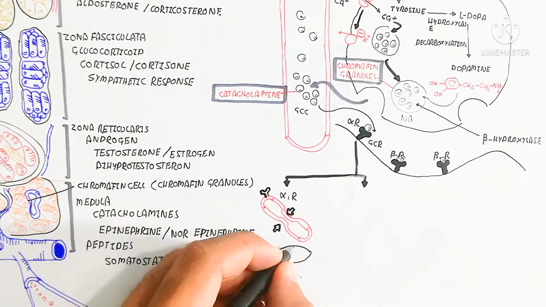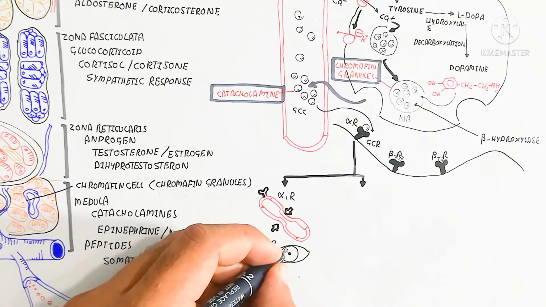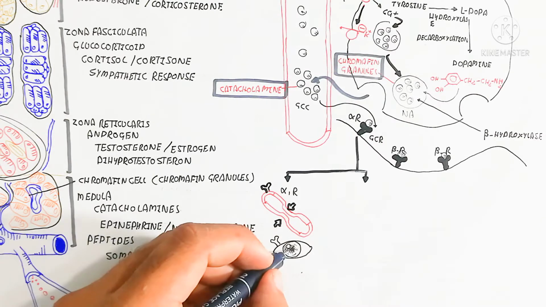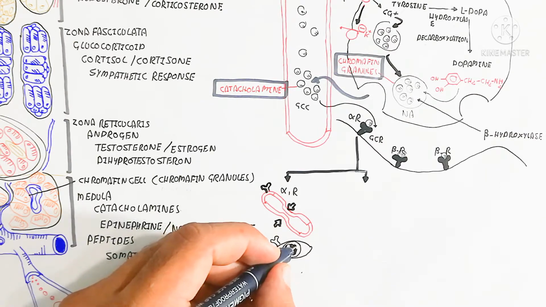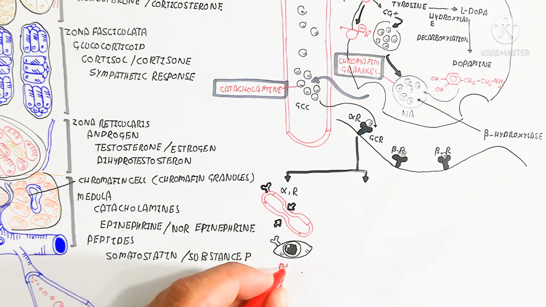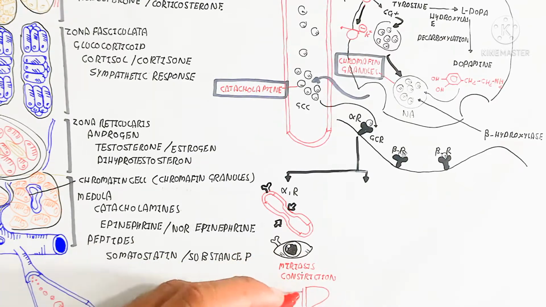For example, the alpha 1 receptors are present on different cells, for example the muscle and the blood vessels, causing vasoconstriction, while in the eyes they cause mydriasis, the dilation of the pupil, which is for alertness.